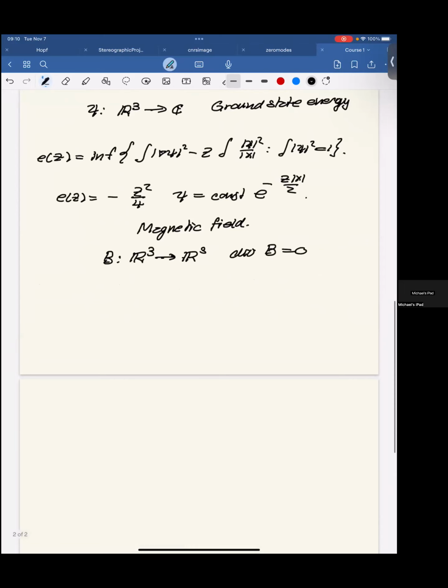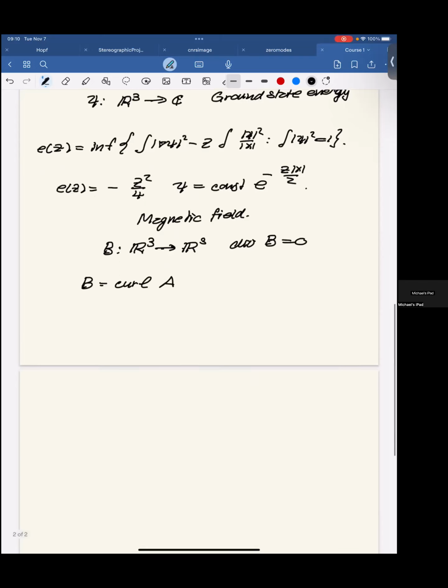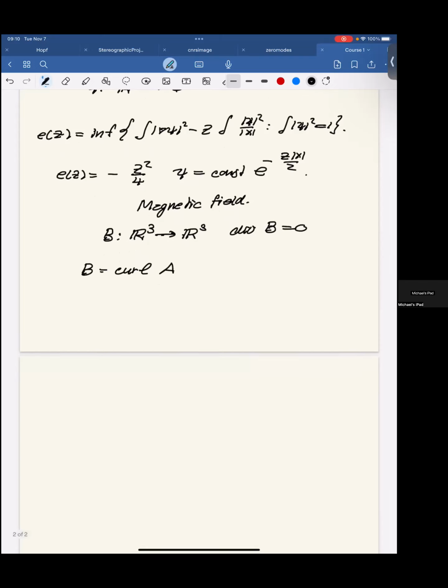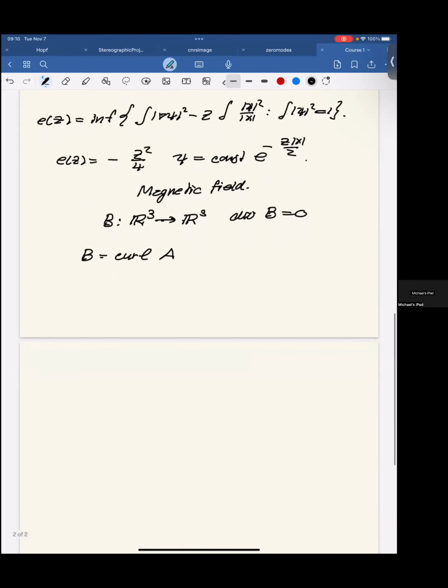And then what this entails is that you can write B as the curl of what is called the vector potential. And for some strange, odd reason, it's the vector potential which plays the big role in quantum mechanics. And the magnetic field only enters in an indirect fashion into this business.